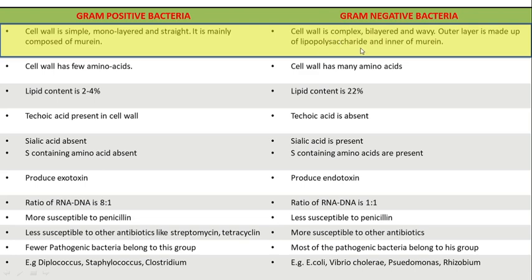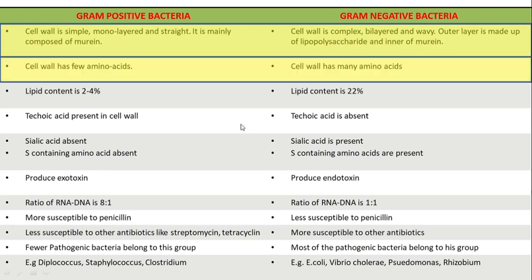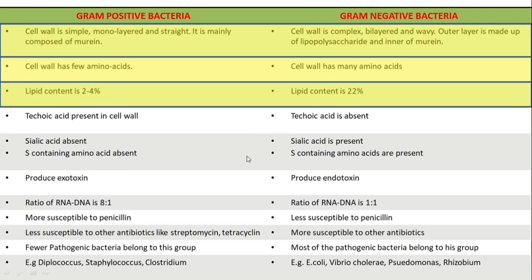The outer layer is made up of lipopolysaccharide and the inner is made up of murein. Few amino acids are present in gram positive, whereas many amino acids are present in gram negative. Lipid content is less, as we have seen, and therefore it was able to retain the purple color. So gram positive have less lipid, gram negative have high lipid, 22%.